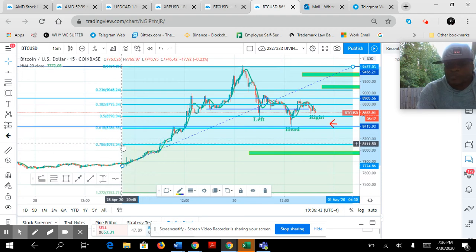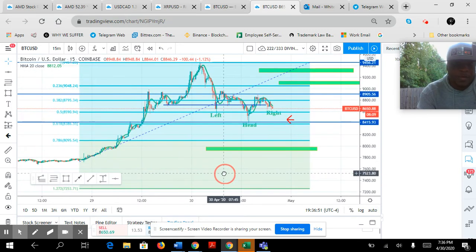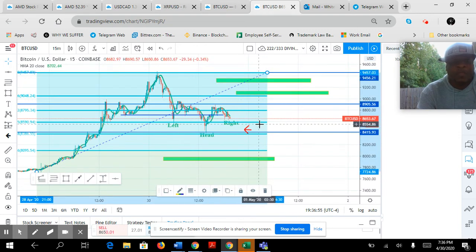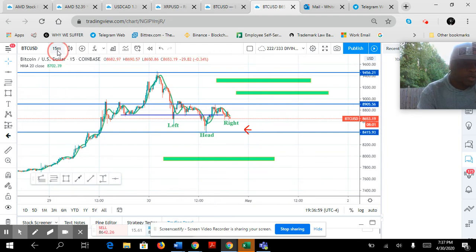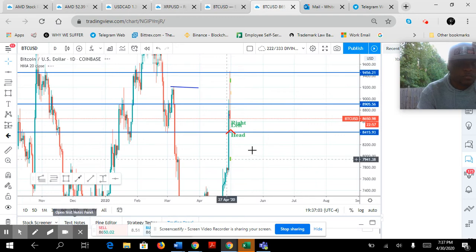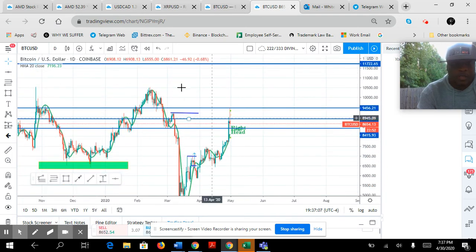Okay, so we also have this 78% level that it could come down here and test too. So you have to respect that. All right, but I did say in the other video that the key level is for us to break this level right here.